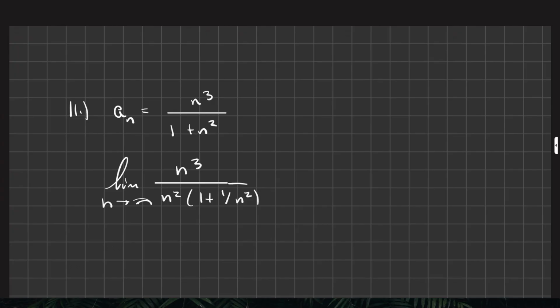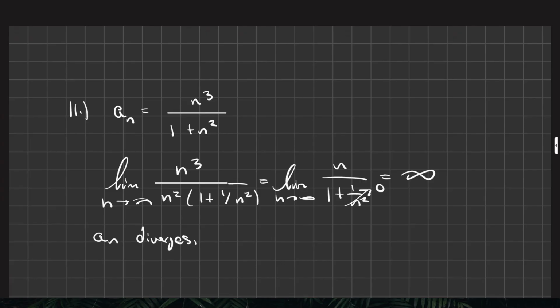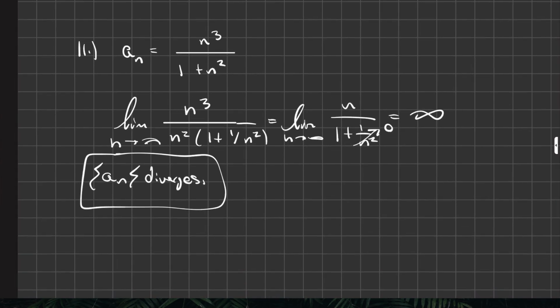I just factor that n squared out of the denominator. Of course, you don't have to follow this method if you don't like. All right, so this gives us n over 1 plus 1 over n squared. This is going to go to 0, we know. And so this whole thing is going to go to infinity. So a sub n diverges by definition.